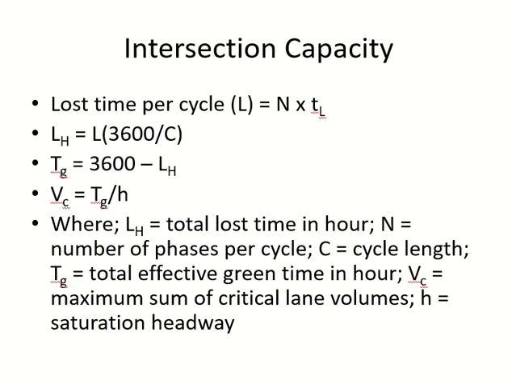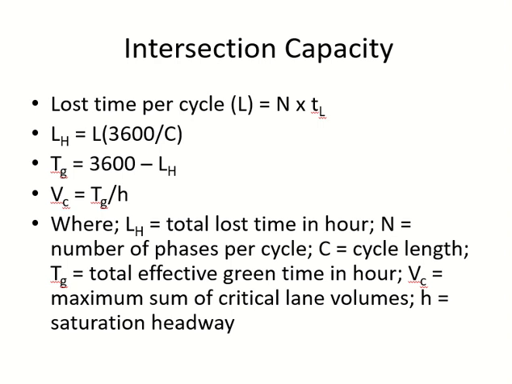Every time the signal becomes green, every time we have a phase in the signal, we have loss time. I explained last time that we have a startup loss time and we have clearance loss time. If you add them together, you will get total loss time, which is represented as TL here. So TL is the loss time in one phase.